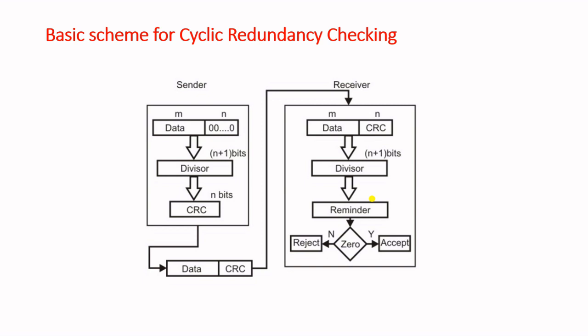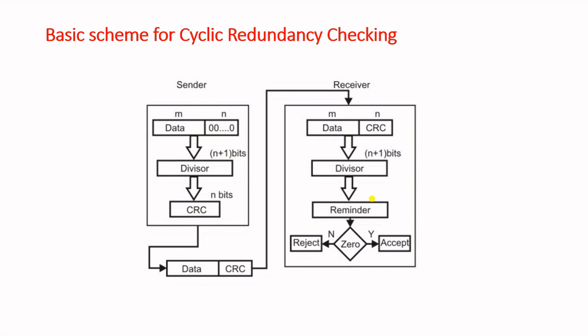The receiver receives this data and CRC, where the CRC is n-bit data and the data is m-bit data. That data and CRC are again divided with the divisor, and a remainder is generated. If that remainder is 0, we accept the data, assuming that there is no error in the data. But if the remainder is other than 0, it is rejected.